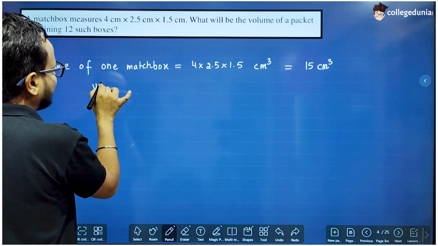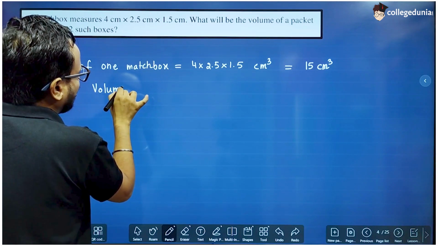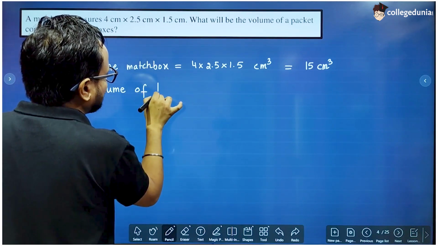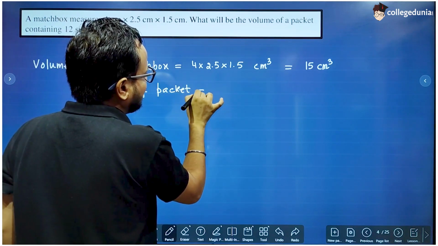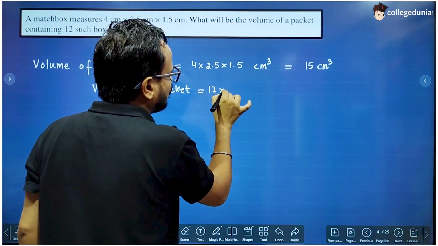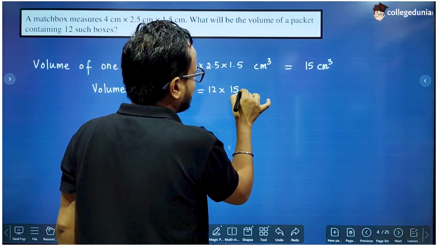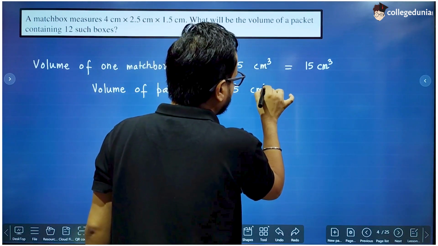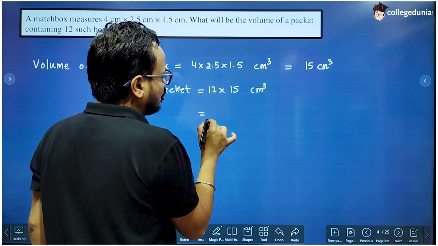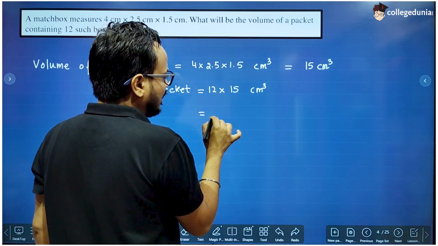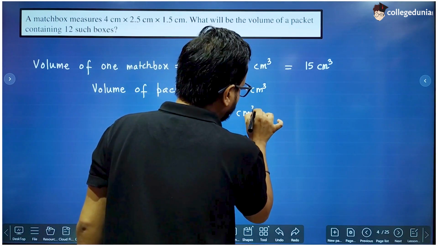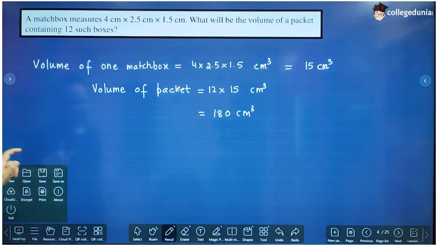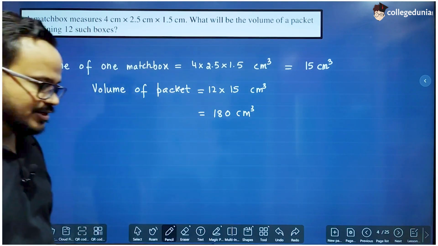So volume of packet which has 12 such boxes, volume of packet is 12 into 15 centimeter cube, and that is 12 into 15 is 180 centimeter cube, right?